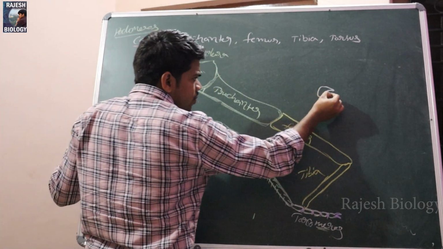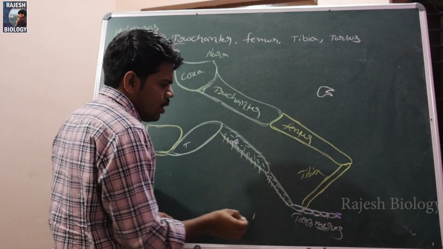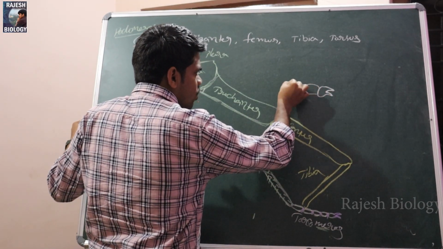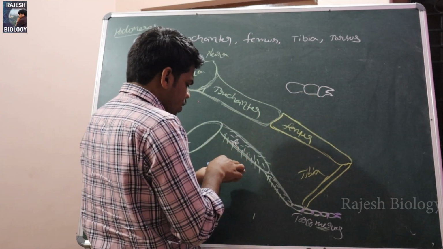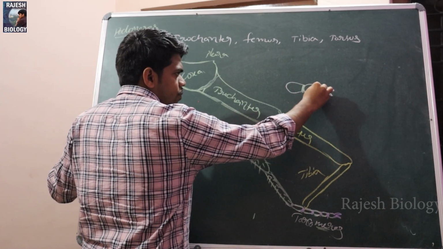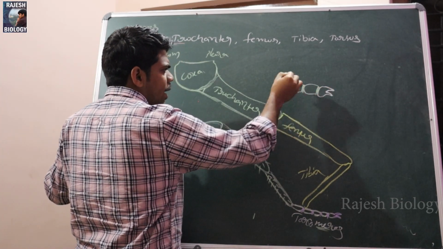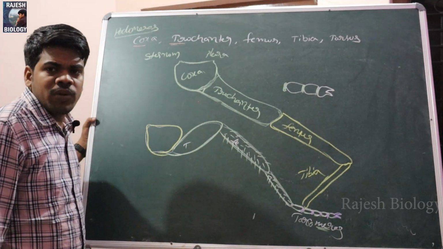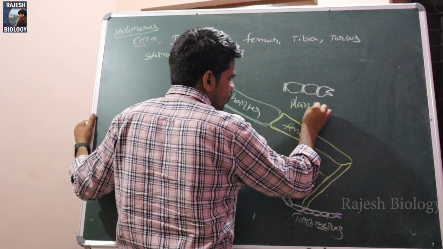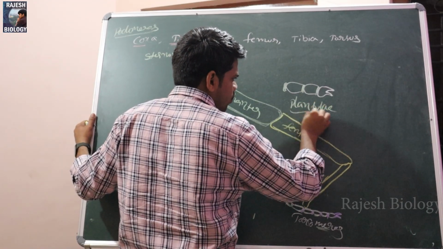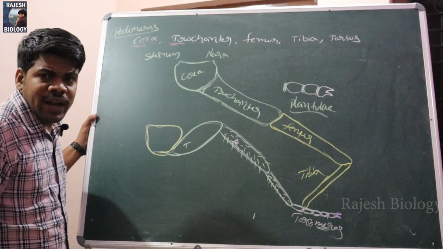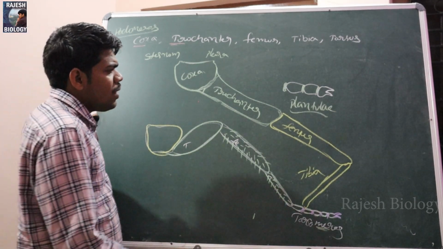If it is the fifth tarsomere, it has this type of structure. Okay, so here is another tarsomere. Between the tarsomeres, the spongy pad is called what? Plantulae.